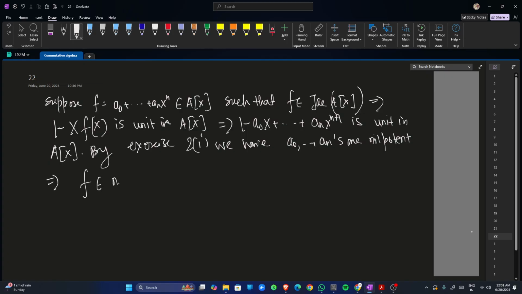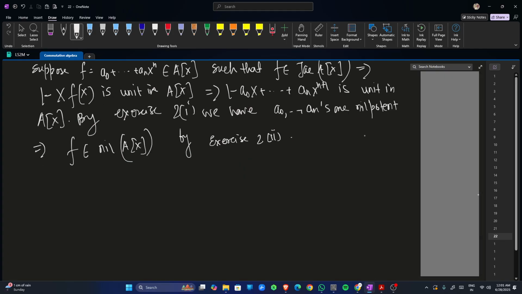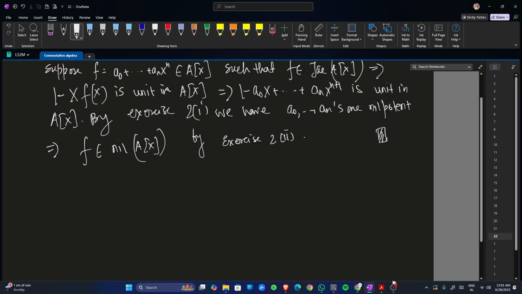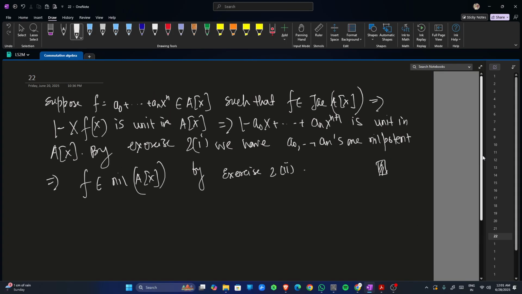F belongs to the nilradical of A[x] by exercise 2.2. Yes. So this is a tricky proof. Not that much, but yes, some trick is involved here.